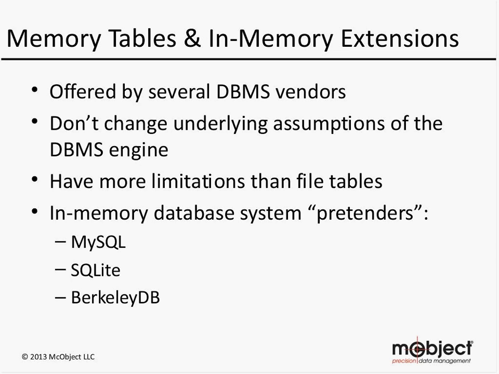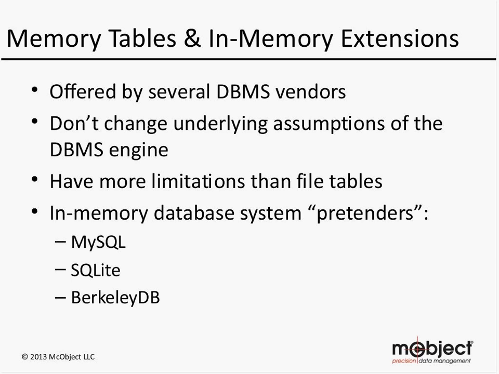In the first case, memory tables don't change the underlying assumptions of the database system engine and the optimizations that are incorporated into it that we've talked about today. For example, the way that B-tree index nodes and node slots are organized are just the same for indexes created for memory tables as they are for conventional disk tables.